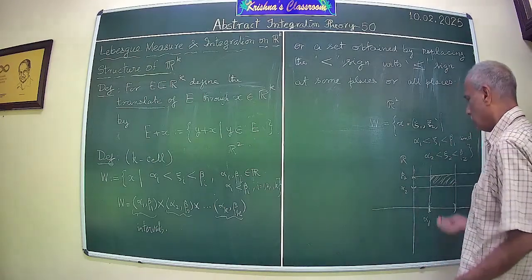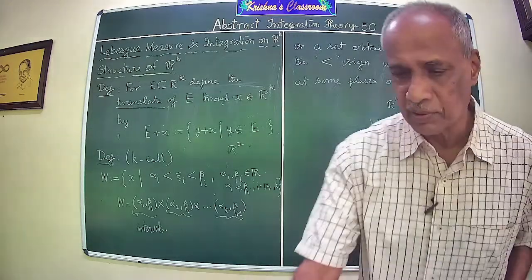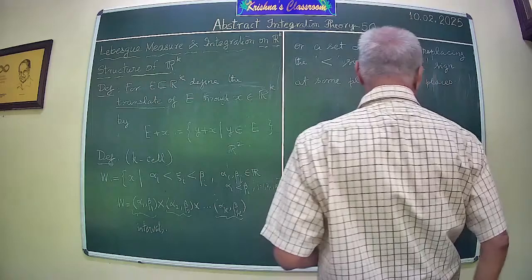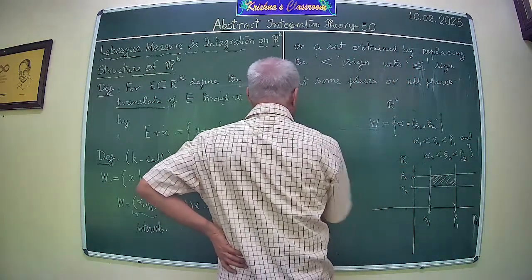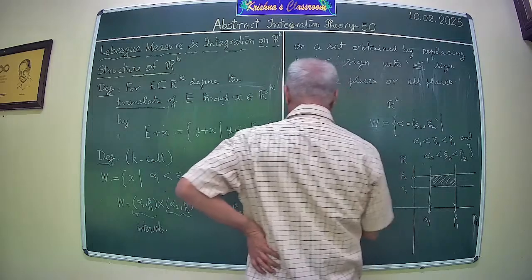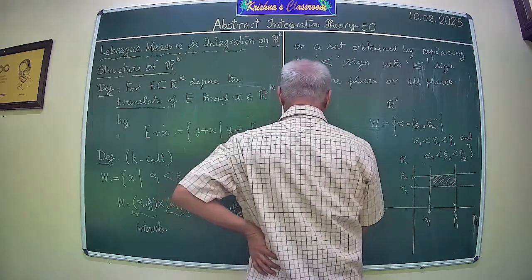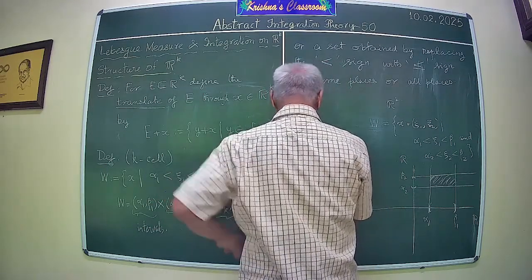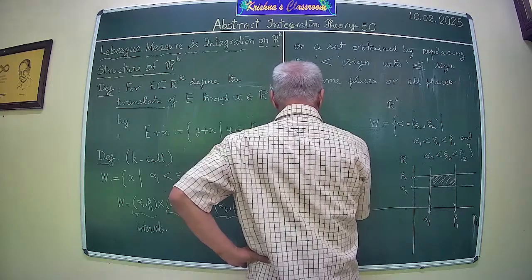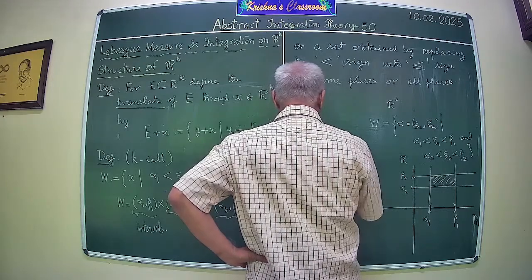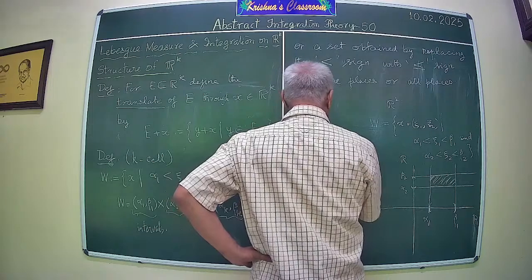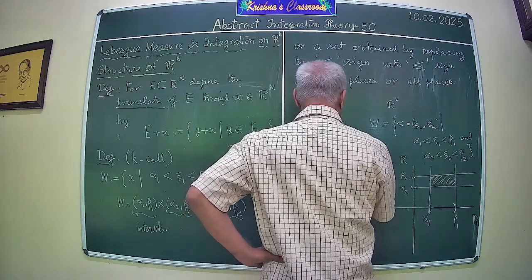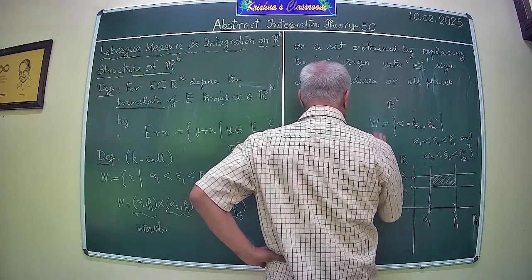But suppose, what are the possibilities that you have? Here there are 4 possibilities. W can be the open interval alpha 1, beta 1 times the open interval alpha 2, beta 2. This is one possibility.